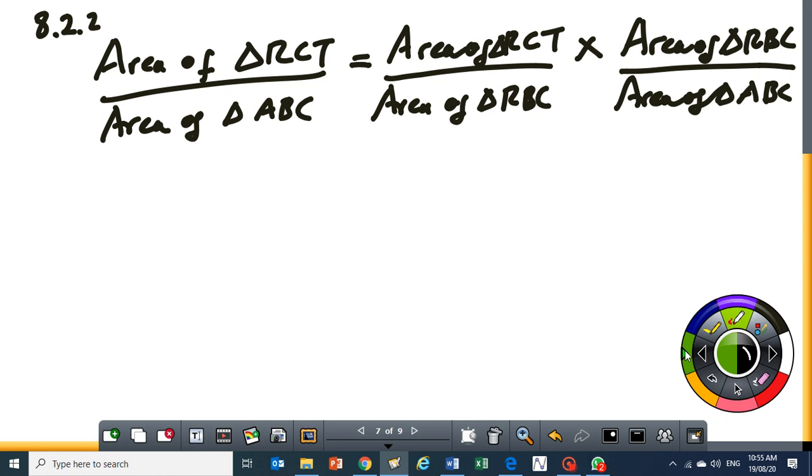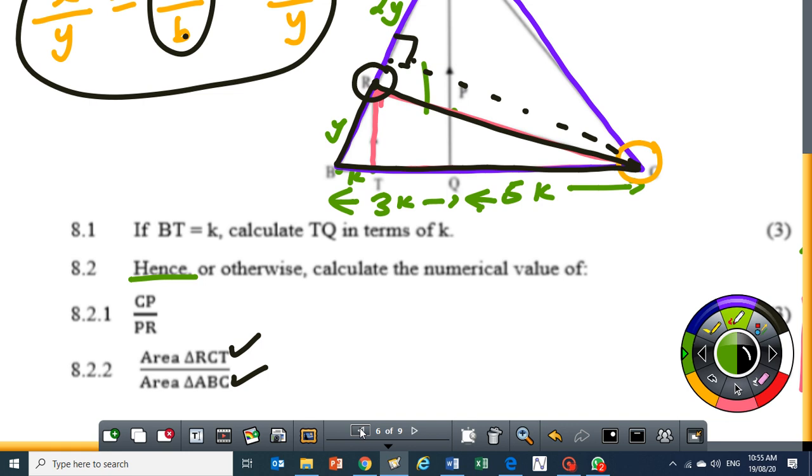So, what made you choose the triangle RBC as a third triangle? I've already told you, I'm surprised, but let me repeat it. The reason is because RBC shares a common height with both triangle ABC and triangle RTC.